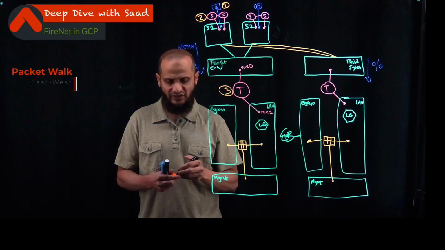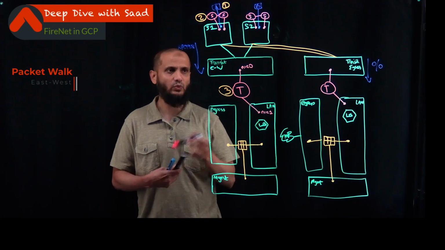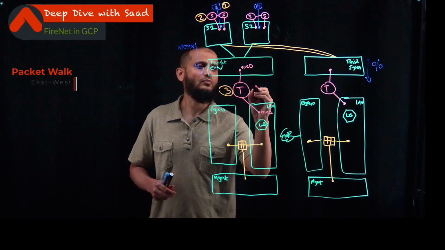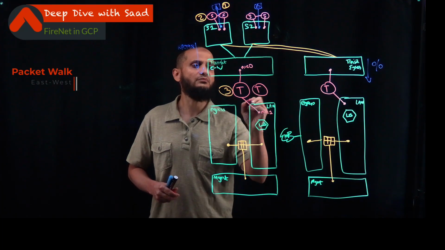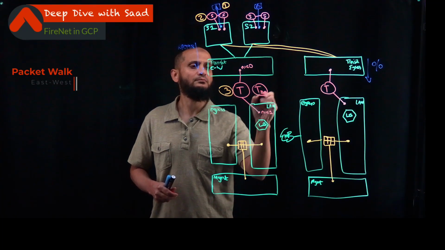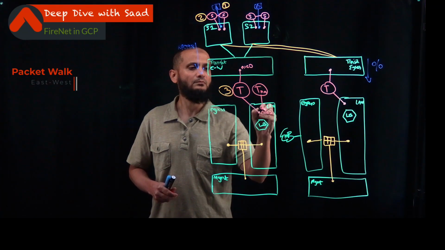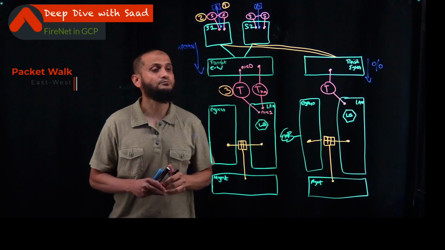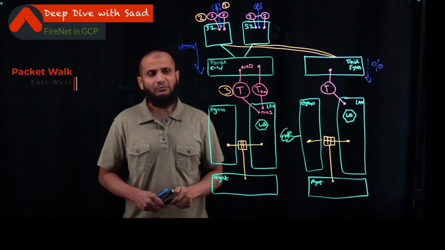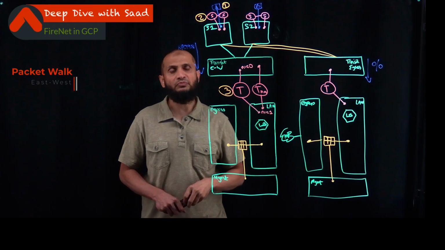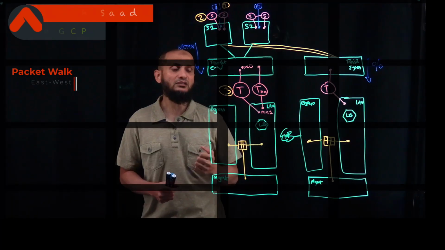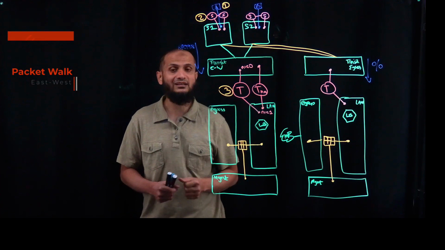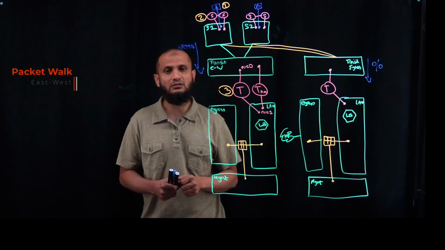And for ease of understanding, let me draw another transit gateway. This becomes your HA. Primary transit gateway receives the traffic from the spoke gateway. It is going to check whether the source or destination is part of the inspection policy or not.